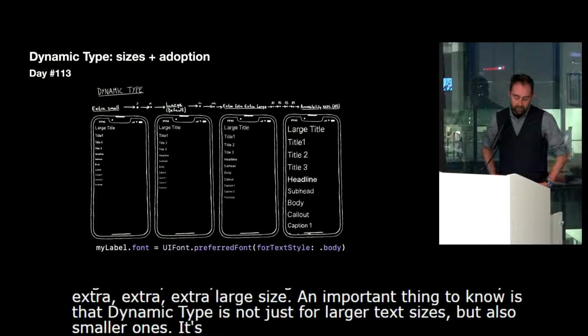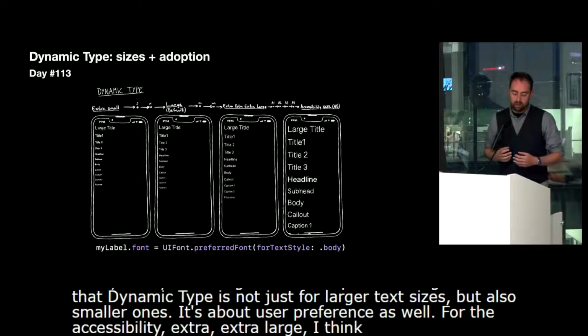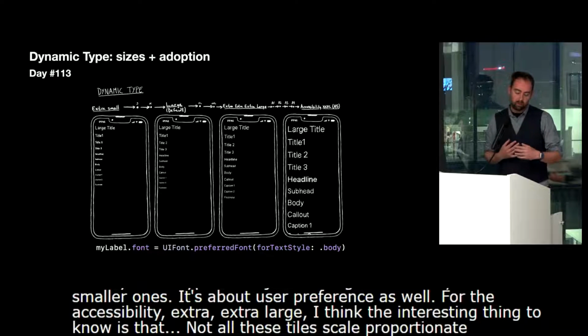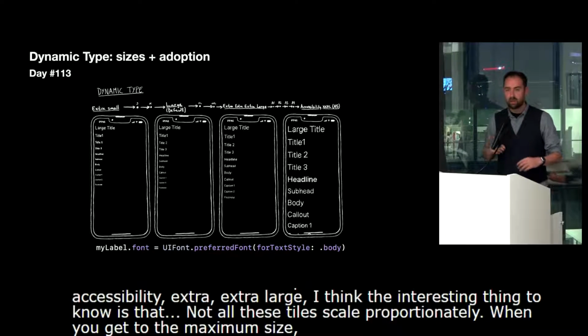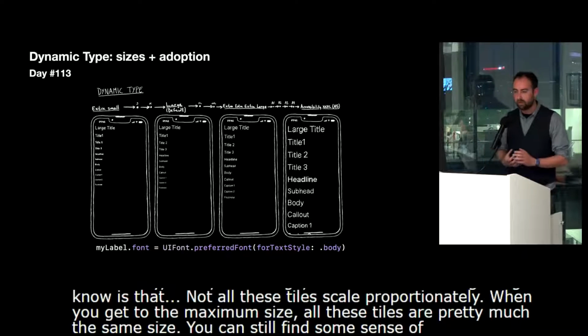For the accessibility extra large, the interesting thing to know is that not all these styles scale proportionally. When you get to the maximum size, all the styles are pretty much the same size. You can still find some sense of hierarchy, but they get much closer together.